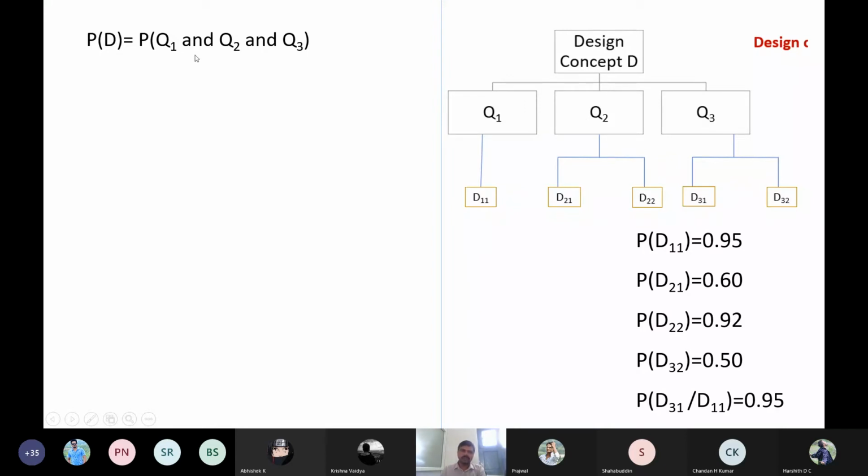You make use of AND because you have to solve all three, so they are related using AND. By looking at the given details, we know all three are independent. If all three are independent, then we can write P of Q1 into P of Q2 into P of Q3.